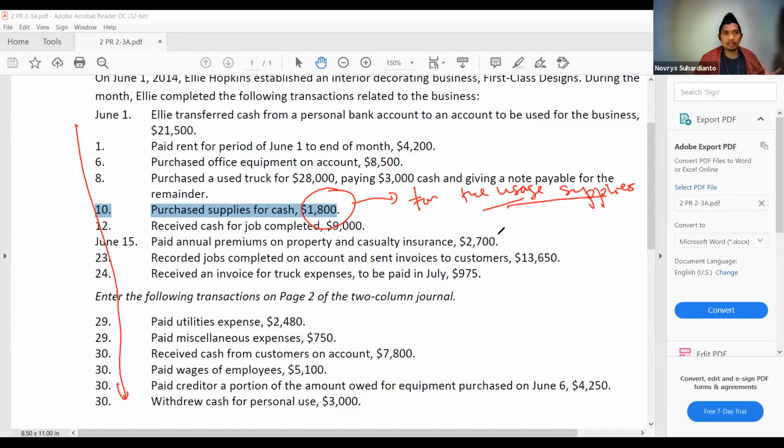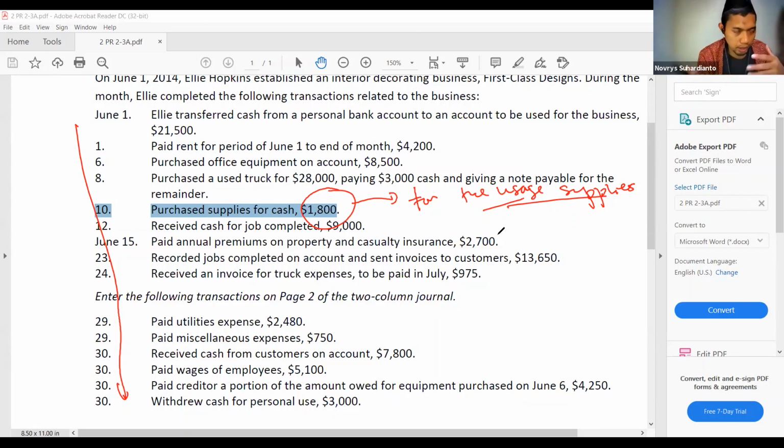So it doesn't make any sense for us to have supplies in a fixed balance, because we use those supplies, meaning we consume the economic benefit of those supplies, so we should reduce the balance of the supplies, because we use the supplies.